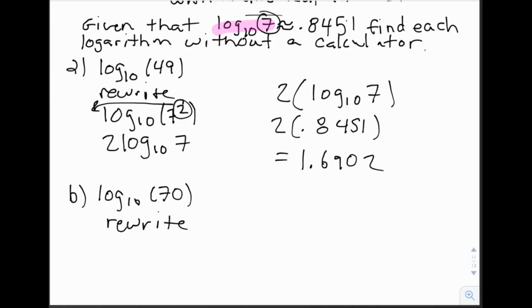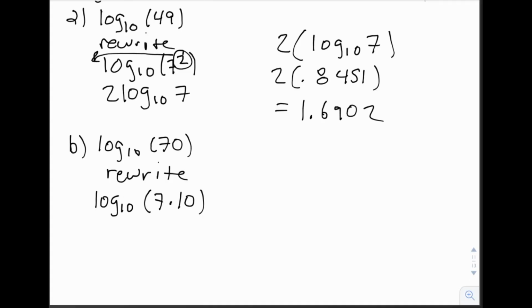So let's rewrite this as log base 10 of 7 times 10. That might get what we want. So for 7 times 10, we can use our product property here to pull it apart. That would give us log base 10 of 7 plus log base 10 of 10.